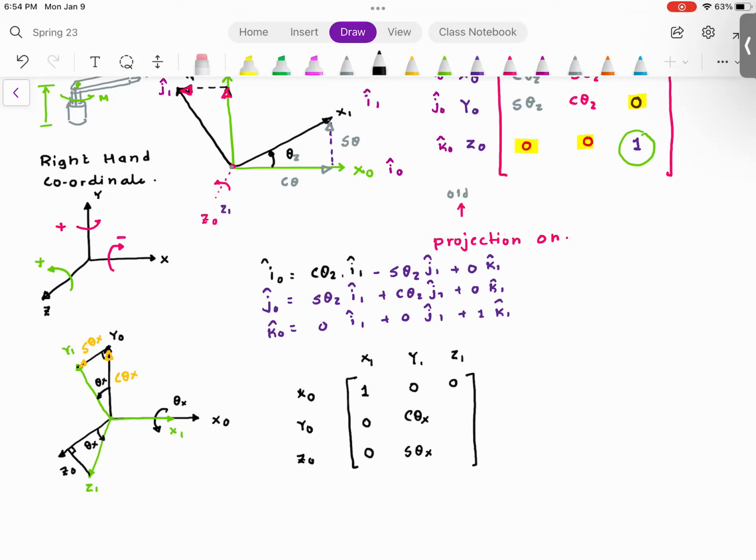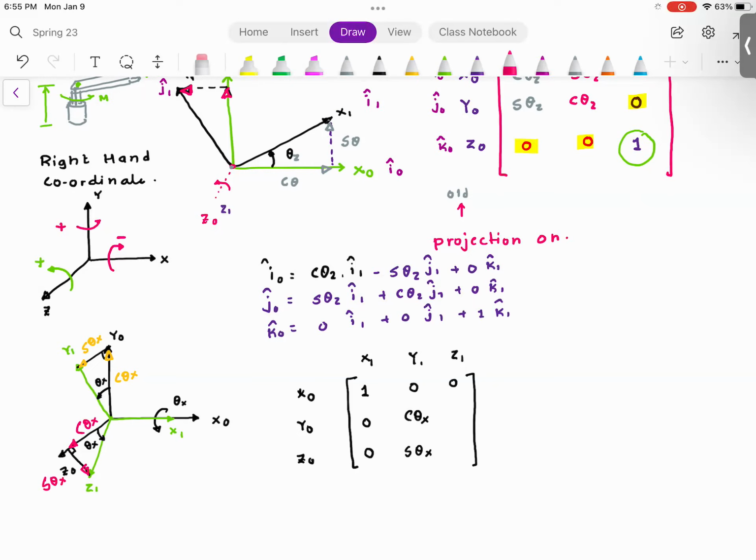Now what I want to do is look at this part. So this is going to be like this, and this is going to be like this. Now please understand, if I take this projection, this is going to be cosine theta x, and if I take this projection, this is going to be sine theta x.